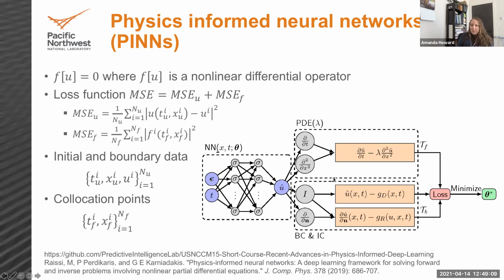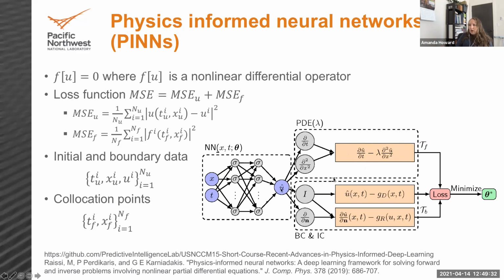So we have our input variables, which are the location and the time, so x and t. We're going to use a neural network to learn our velocity u. And then with neural networks, we can do what is called automatic differentiation, which means we can find the derivatives of u with respect to our input variables and use that to create our nonlinear differential operator f. And then we can also enforce initial and boundary conditions.